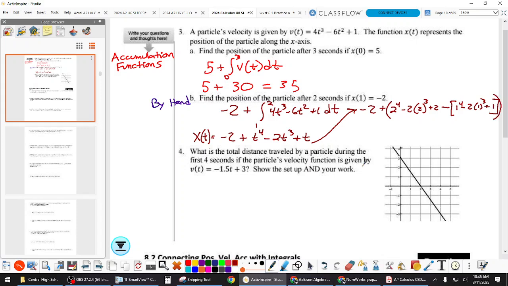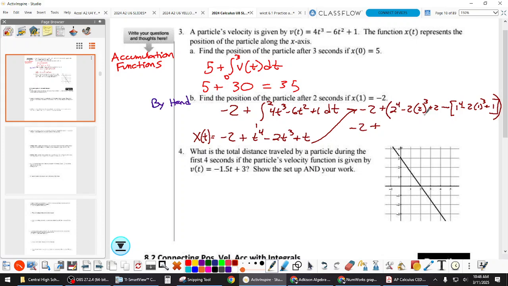Why are we putting the negative 2 out front again? Because that's our initial condition. I guess you could kind of say that. That's the accumulated total up to 1. And then we're accumulating the rest of it from 1 to 2. Right. So it's not the initial condition at t equals 0, right? Okay. So it's just the total accumulation up to that point. Up to where we start integrating.